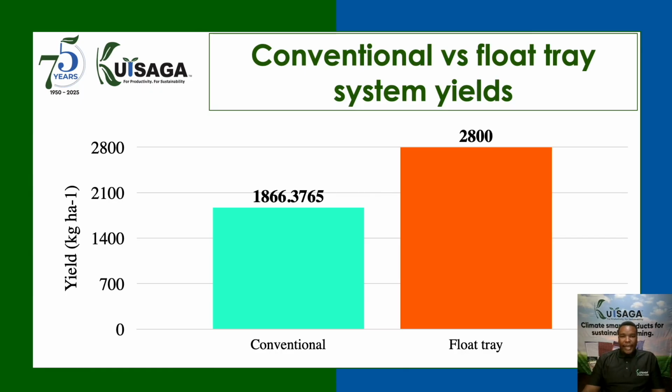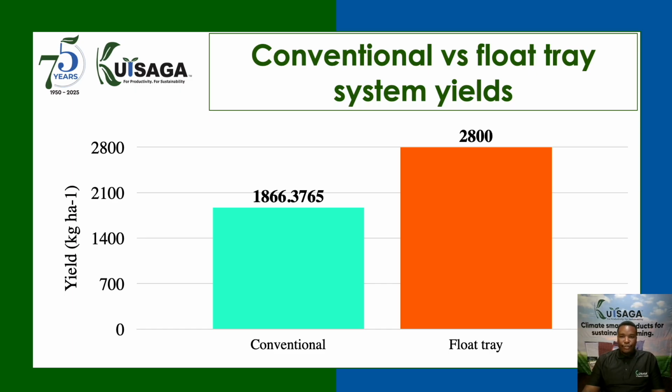But what then are we saying? If we look at the survey findings, we quickly realize that when it comes to yield, farmers using the conventional system are realizing a lot less yield compared to the farmers using the float tray system, as illustrated in the graph on your screen.